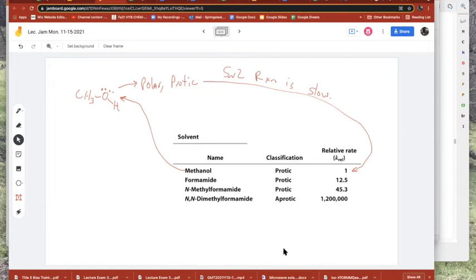Okay, and then formamide. Formamide looks like this. It's like an aldehyde, amine kind of combo thing. So formamide, is it polar, do you think? Yep, it's polar. Is it protic or aprotic?